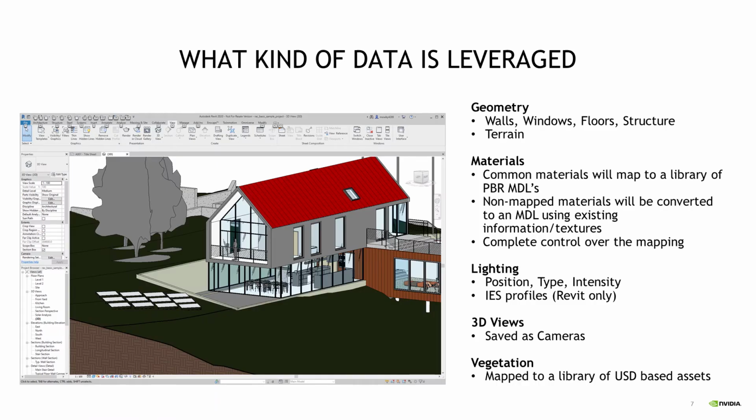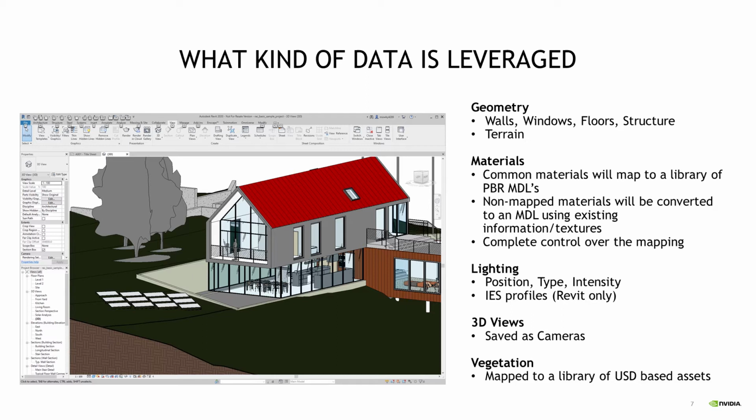Okay, so the kinds of data that's leveraged, right? This is going to be a little different based on the plugin because of where the plugin is on the status line of being built. So this is what's being taken right now. There are common materials that come through. The key piece is that if it's coming from, for instance, Revit, we try to map one-to-one.